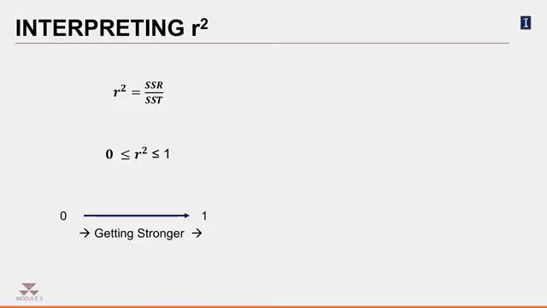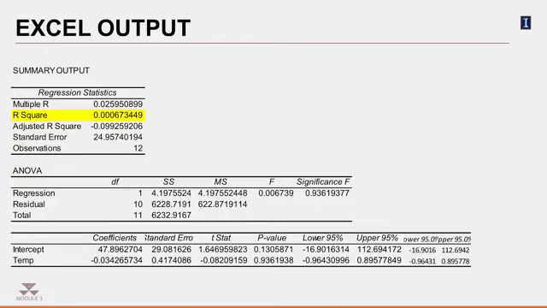Let's look back at the Excel output from our example of effect of temperature on test score. Focus on the top table, the highlighted field, that is R squared for our example. It is 0.0006, extremely small and close to 0. This is a good reason to throw this model away.